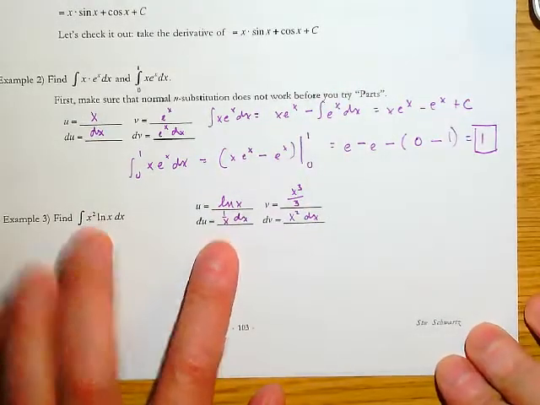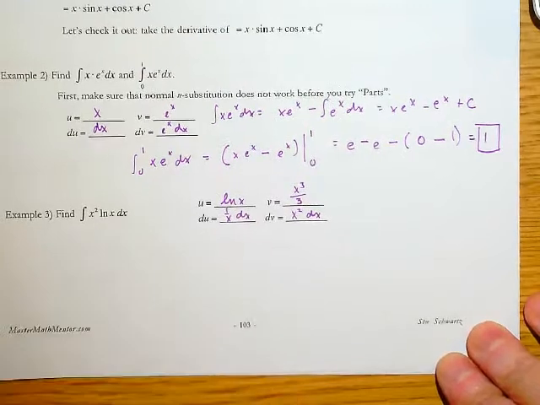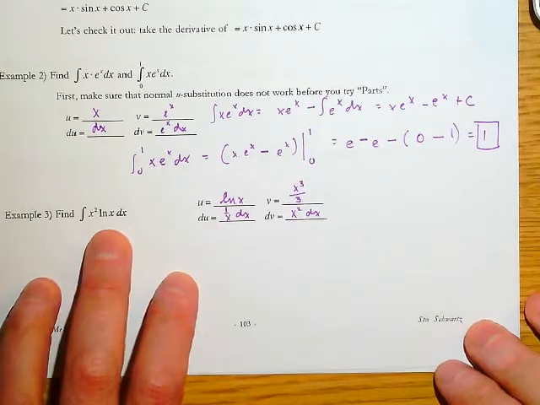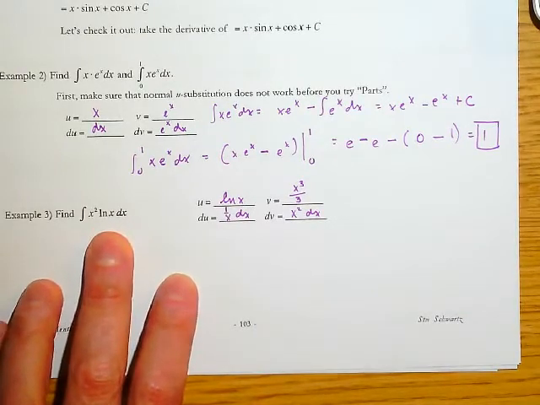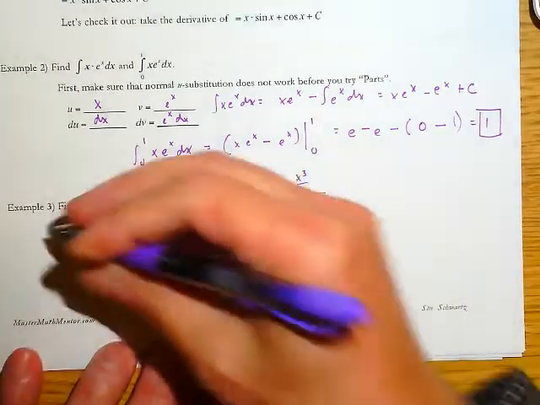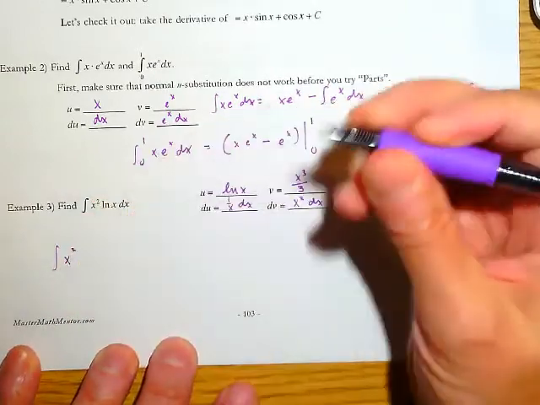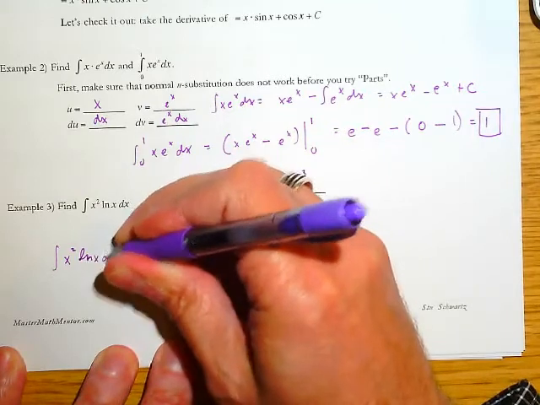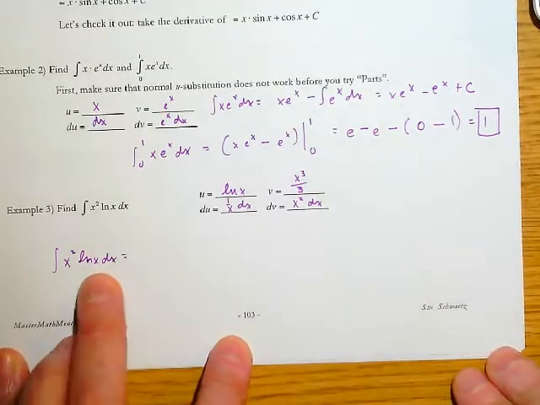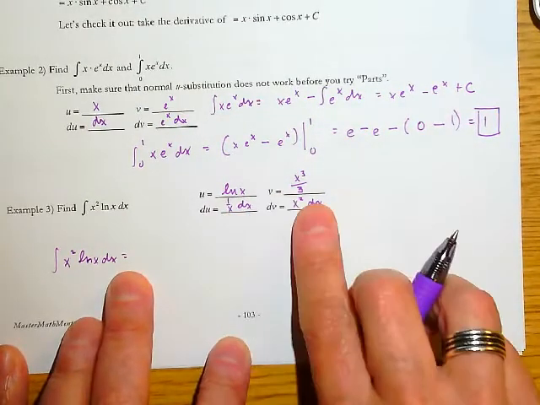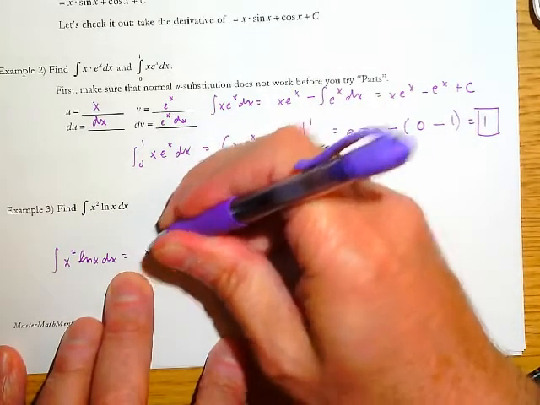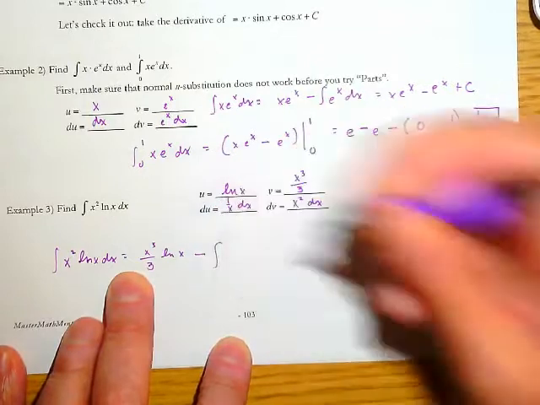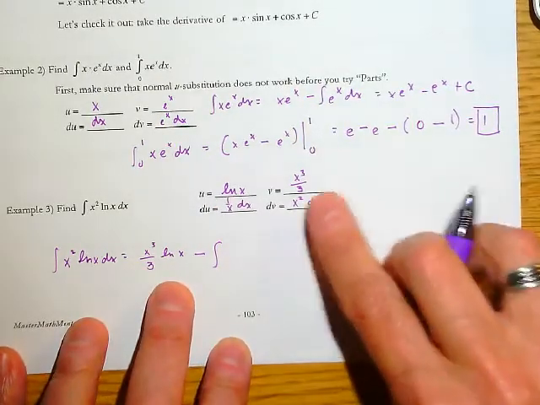Okay, so change it up a little bit because all along we've said, oh yeah, u equals x squared or u equals x or whatever. We don't know the antiderivative of that one, so we're stuck with picking this one instead. So let's write that out. The integral of u dv is uv. So we've got uv, x to the third over 3 times the log of x minus the integral of v du.